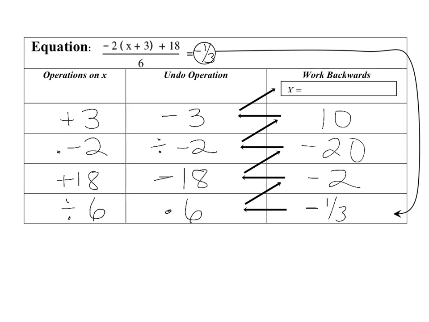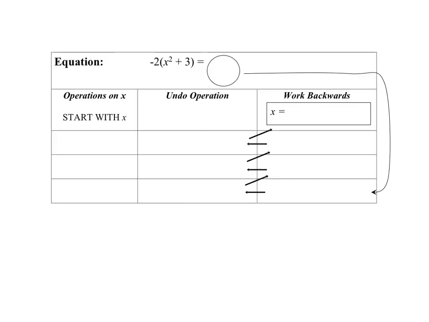And then 10 minus 3, which is 7. Was 7 the number that you picked? It sure was. Awesome. So we solved this equation and we got that x is equal to 7. All right, so let's move on to the next one.